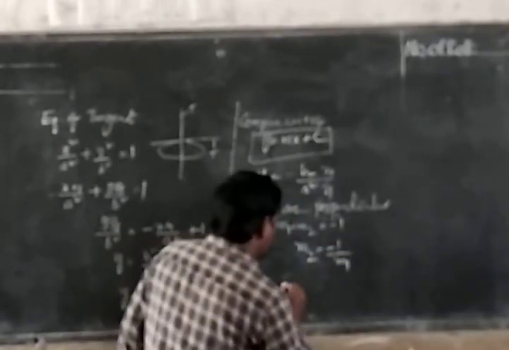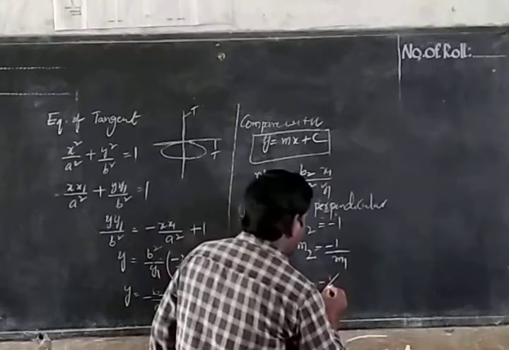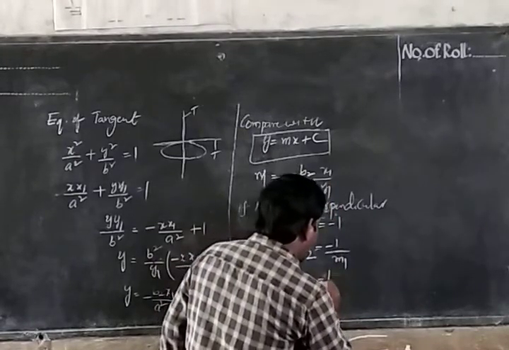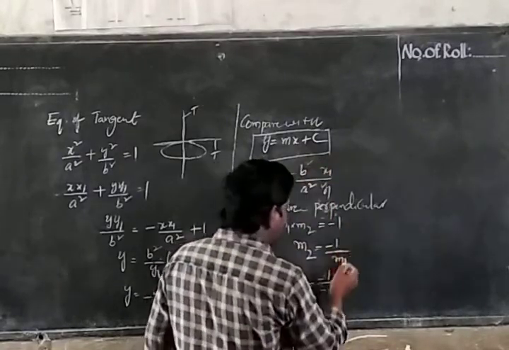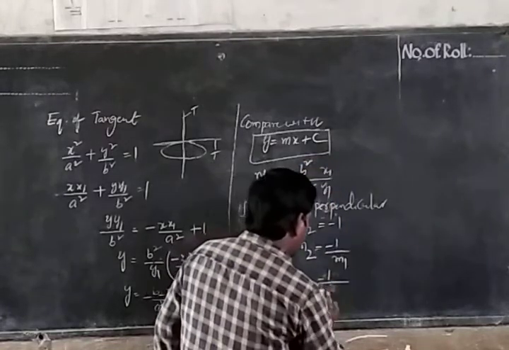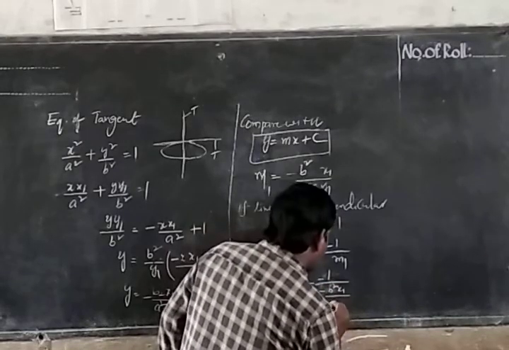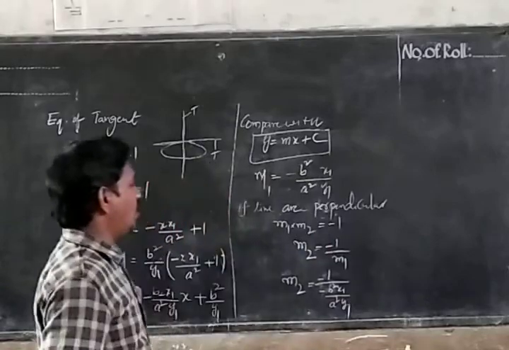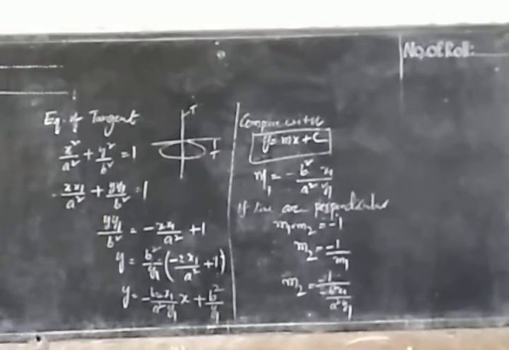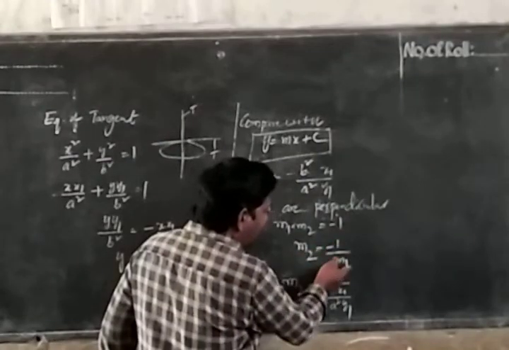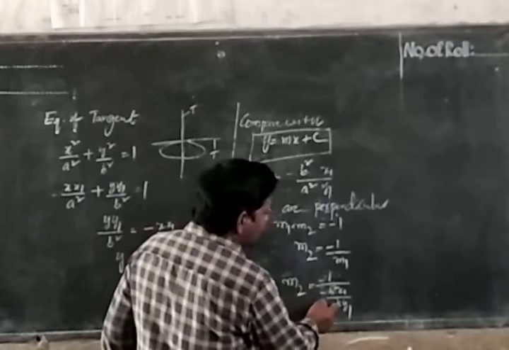So m2 equal to minus 1 by minus b square x1 by a square y1.